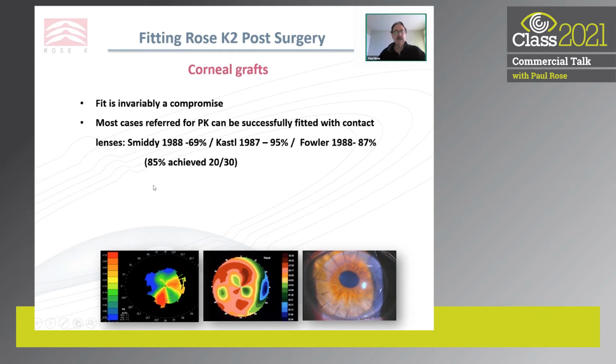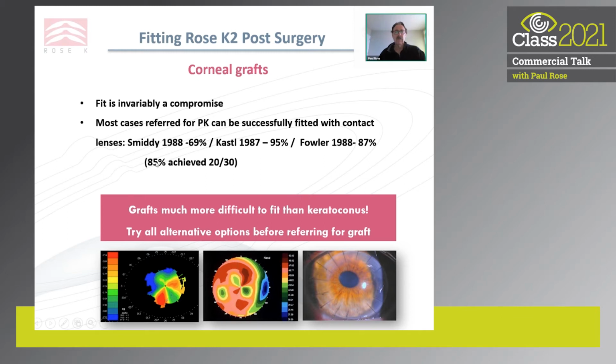And you can see that, in fact, 85% of the patients that were referred for grafts were able to be successfully fitted, 95% in some cases here, with 85% achieving very good vision. So grafts, in my opinion, are much more difficult to fit than a keratoconus. So try every option before you refer for a graft.